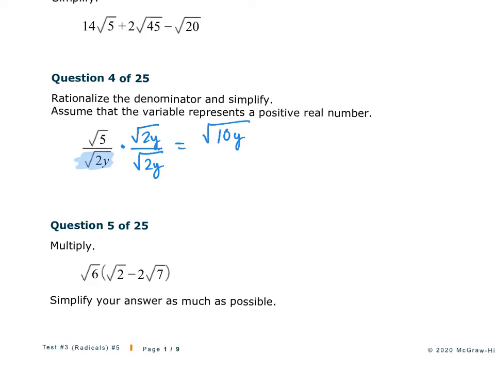Why? Because you can multiply them when they're both under the square root like that. Over, and then the square root of 2y times the square root of 2y, just the square root of 2y squared, which ends up canceling out. And that is as far as you can take that.